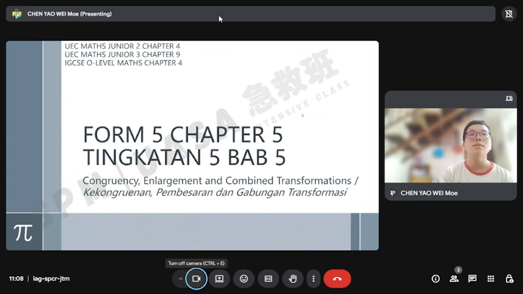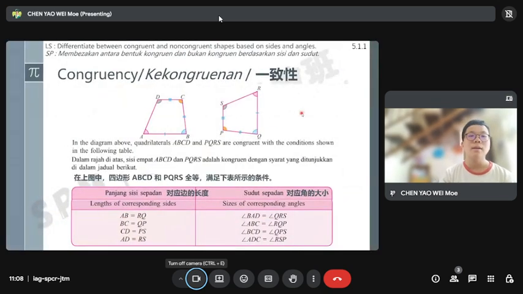Okay, so congruency is like this. Even though the shape has already turned, already rotated in a different angle, in a different position, but still if the angles or the lengths of the corresponding sides are the same, we call that congruent.